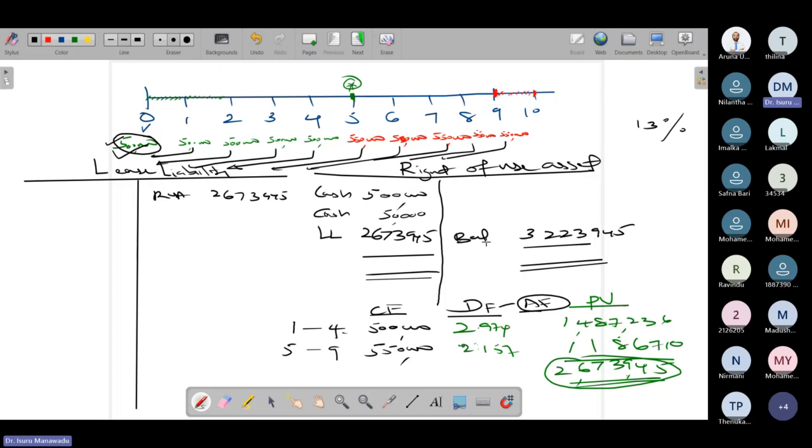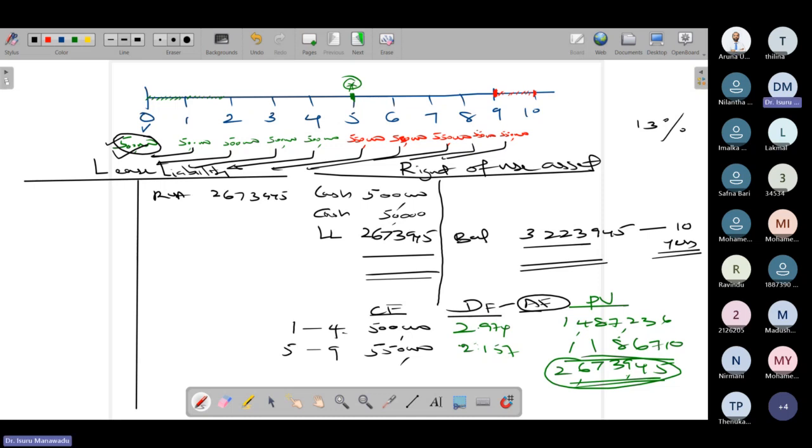That's the balance. This balance needs to be depreciated over the period of 10 years. Right? So this is the lease liability at the beginning of the year, right?